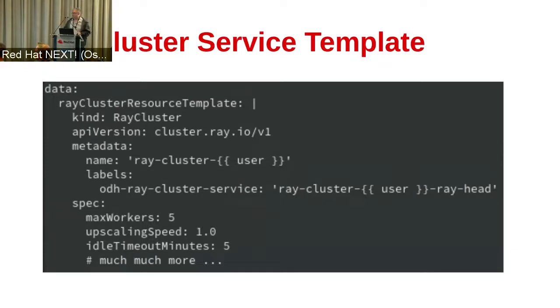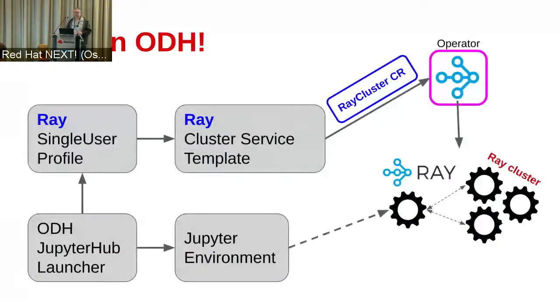You can see there are little bits of Jinja substitution that you can put in there. And at the bottom, you can see Ray cluster objects are potentially extremely large. It's one of the largest custom resource specs I've ever seen, but you can see the basic flavor of it. And if you do the bit of work to create this, sure enough, you can do Ray on ODH.